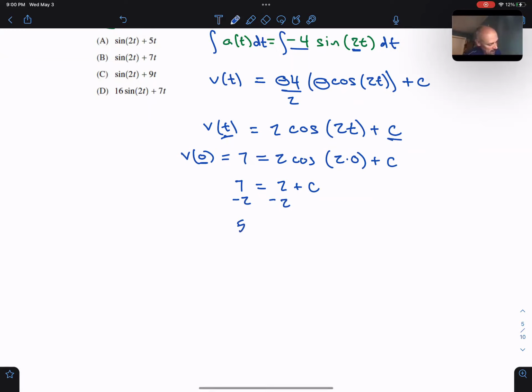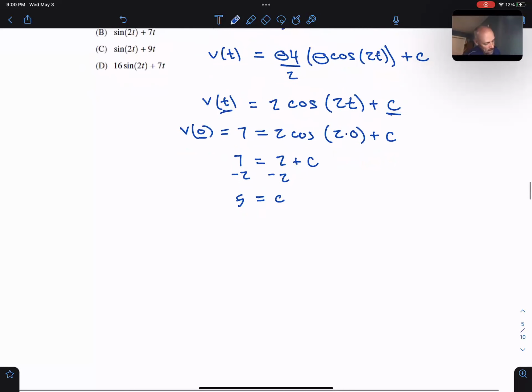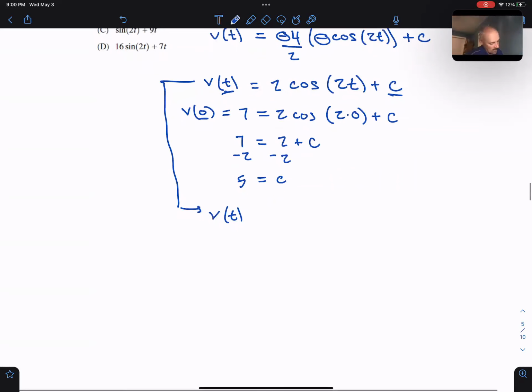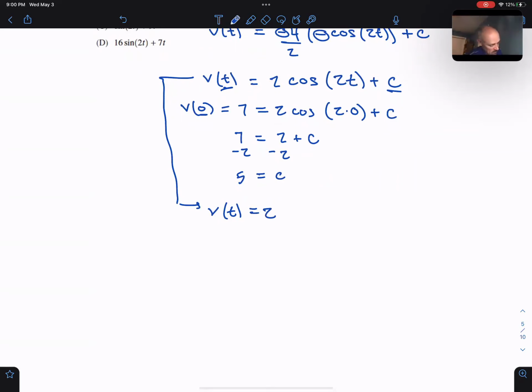I'm going to get 5 is equal to C. Okay, I'm going to take this velocity equation, v of t. This is really similar to doing a differential equation, isn't it? So I've got v of t is equal to 2 cosine 2t plus 5.